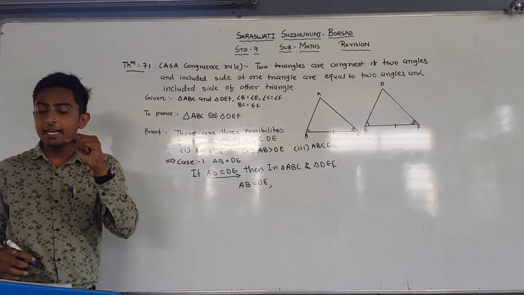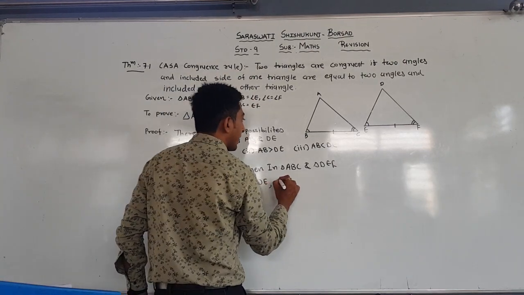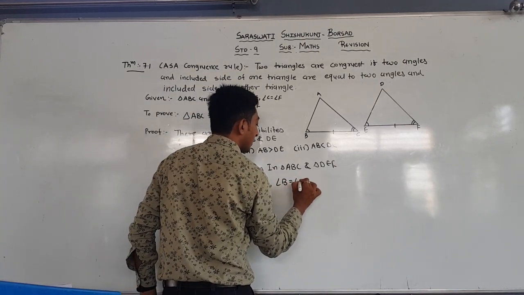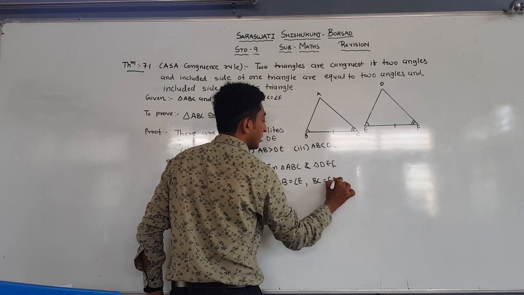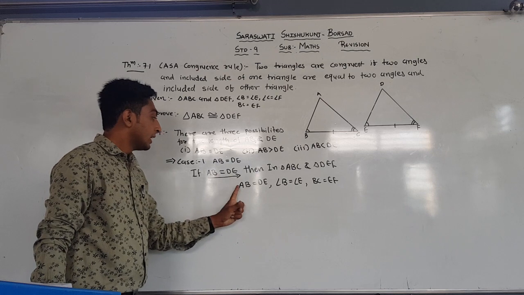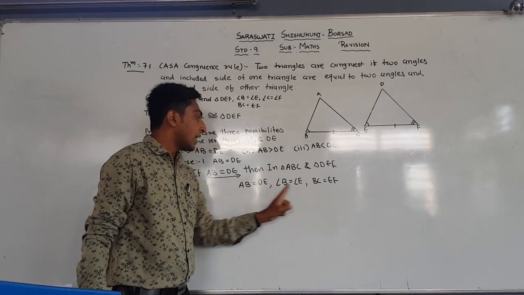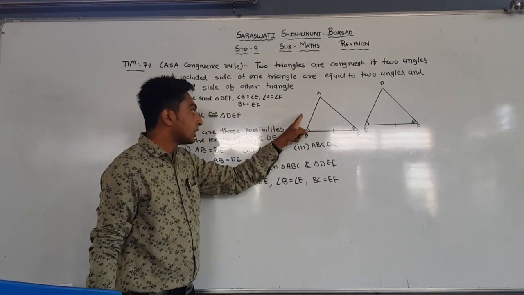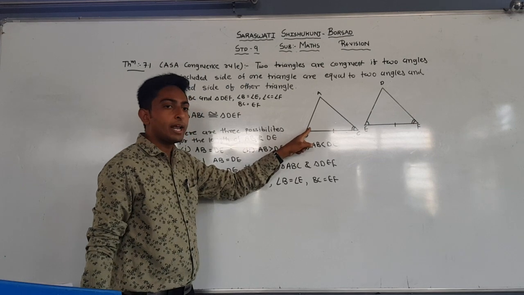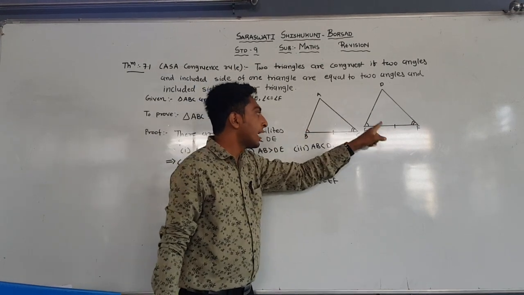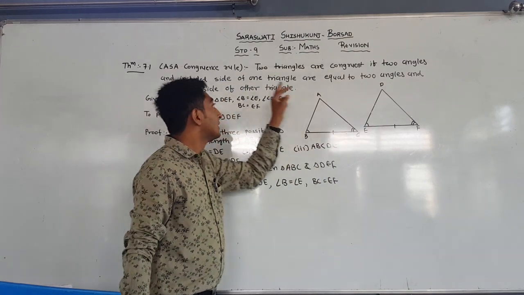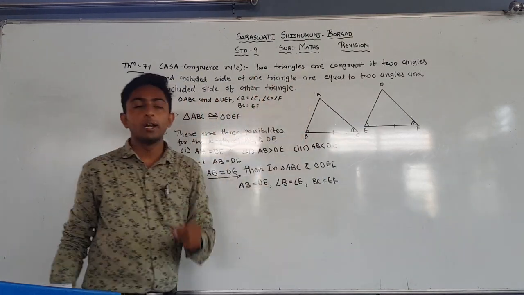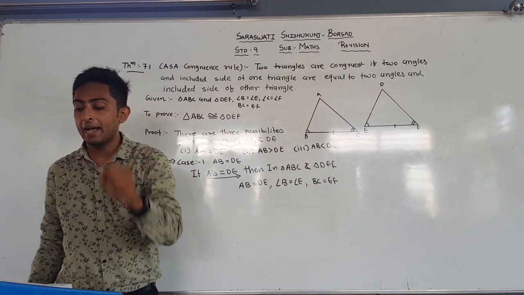Then another thing given is angle B equal to angle E, and the third one is BC equal to EF. Now see, two sides and the included angle are equal to two sides and the included angle of the other triangle. Then the two triangles are congruent by SAS.